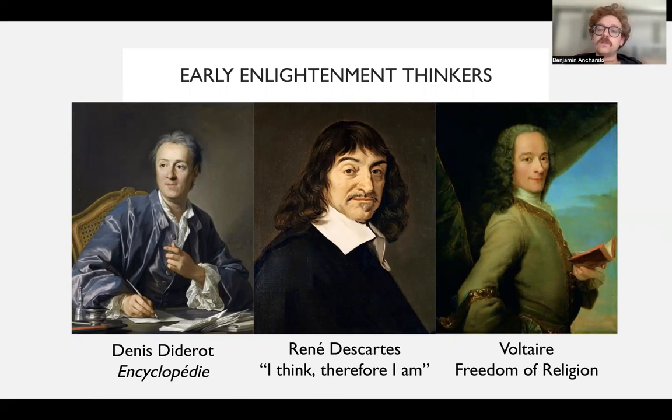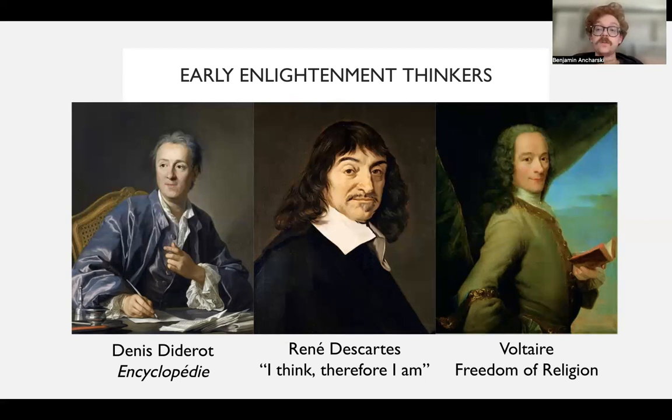There's the famous phrase, he might not have said it, but the famous phrase of, I think, therefore I am. And finally, we've got Voltaire right here. Voltaire is a very funny guy. He is actually that exception to the rule that most Enlightenment thinkers were atheists, or not atheists, I should say. Because Voltaire straight up was, even though it was a crime in France where he lived. Voltaire is going to be a very aggressive supporter of religious freedom and opponent to religious dogma, a very strict interpretation of Scripture, what's in the Bible.